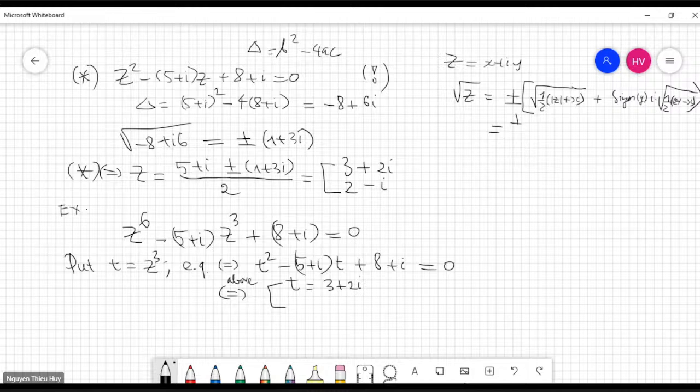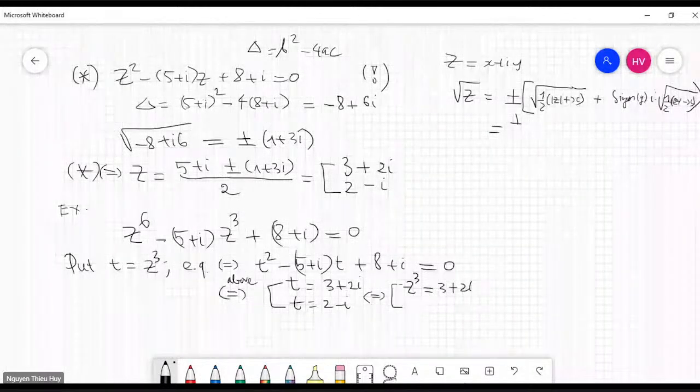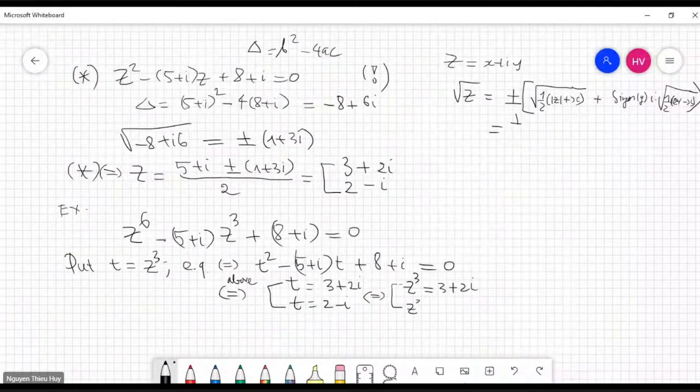Then by the above solution, we already obtained t equal 3 plus 2i, or t equal 2 minus i, and this is equivalent to z cube equal 3 plus 2i, or z cube equal 2 minus i.